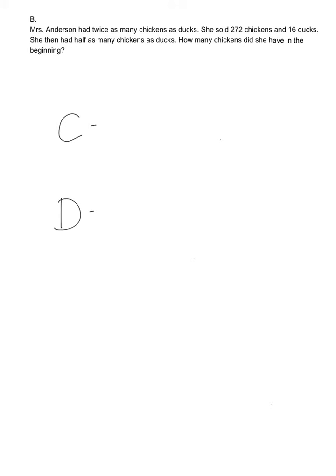Now, while my answer looks reasonable, I definitely want to go back and double check. So if I'm saying that I started with 352 chickens in the beginning, okay? And, of course, I started with 176 ducks in the beginning. Can I work now with my clues to make sure I come out with the correct answer?